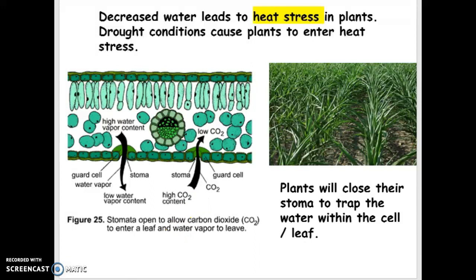You lose your water, you can't break it apart, you don't have electrons for the pathway, you don't have hydrogens. It's a huge issue. So they kind of freak out, and they close the cells up, and they trap all this water inside. But in doing so, when they trap water inside, they're creating a huge problem for themselves.